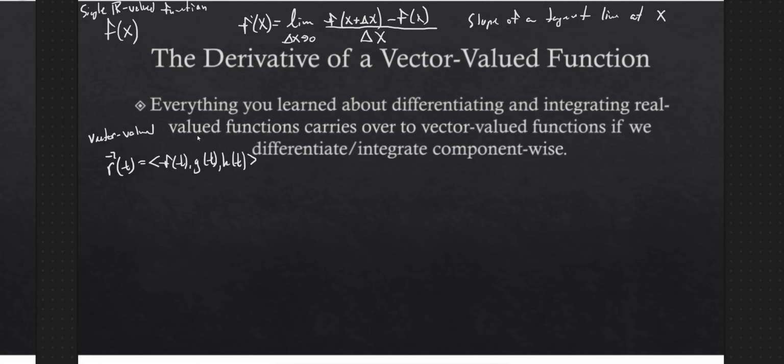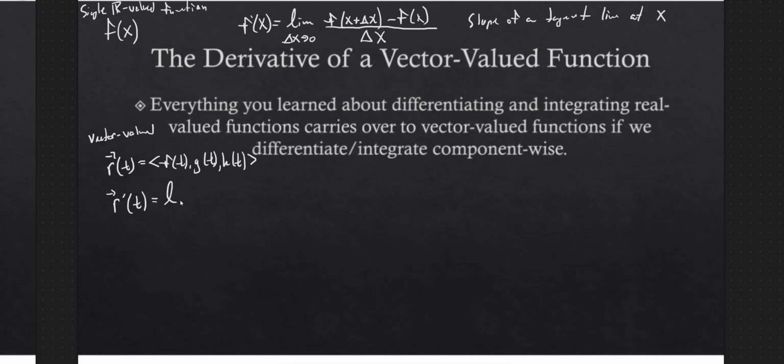And then I want to do the same thing. I want to compare the change in the output compared to a change in the input. So let's define this thing, r prime of t. Let me write that a little bit better so that we're all clear on the notation. So here I have my arrow, r prime of t.